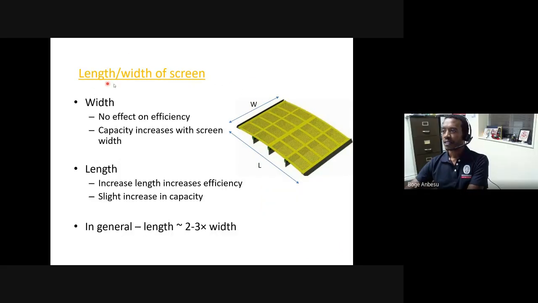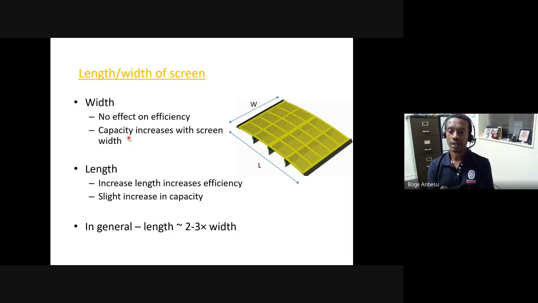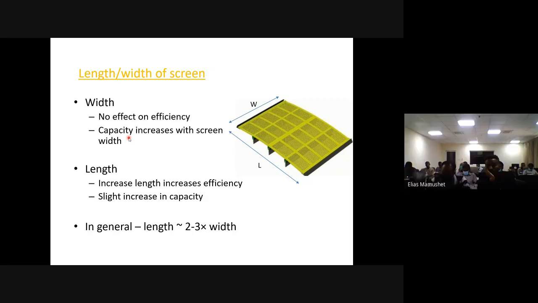Another factor is the length and width of a screen. You can make the equipment very wide, or it can be made long. But what is the impact of, for example, a long screen? If I say long screen, then I'm giving particles a good opportunity to pass through this screen.